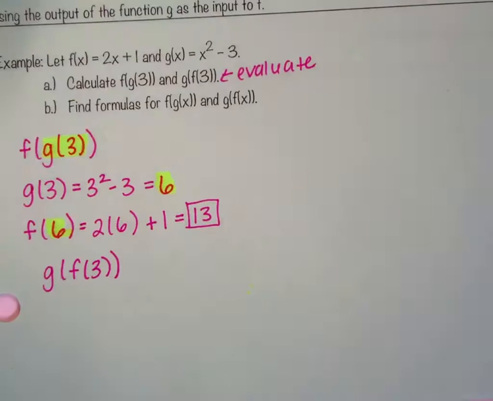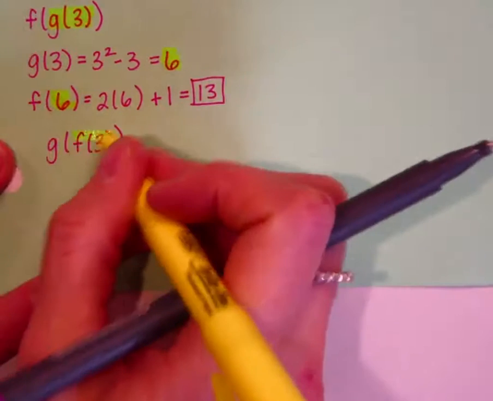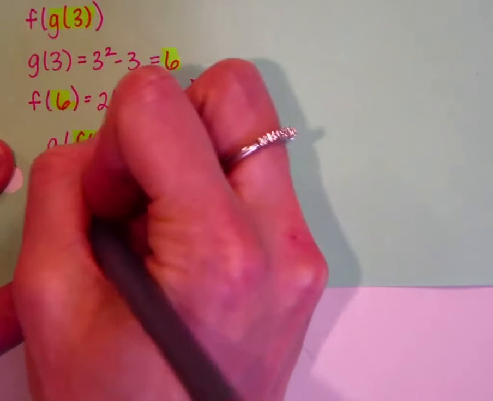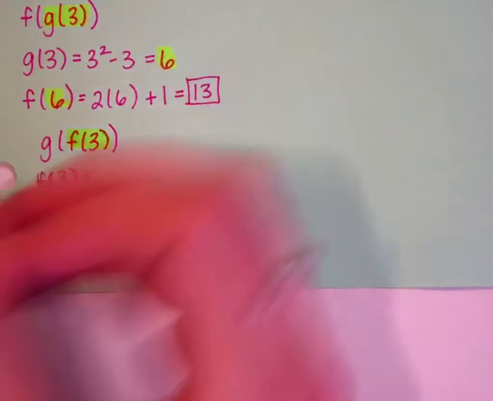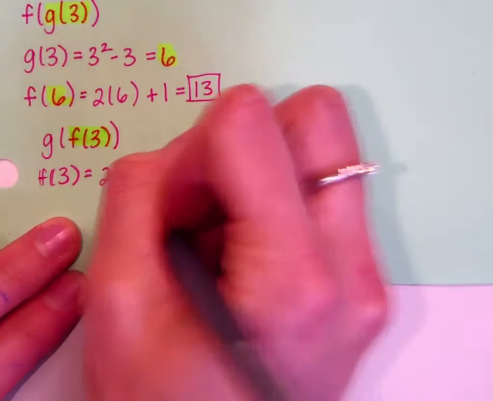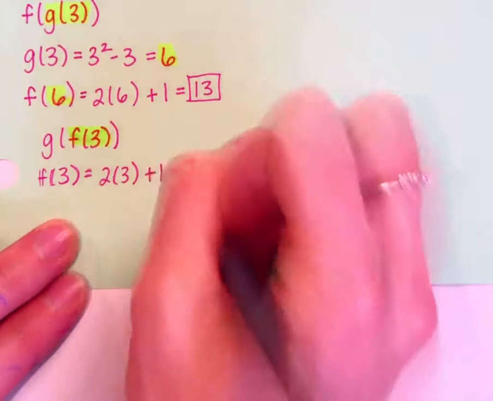So for this one, if we are finding g of f of 3, Natalie, what do I need to figure out first? I need to figure out f of 3. So f of 3, plug it into the rule. 2 times 3 is 6, plus 1 is 7.